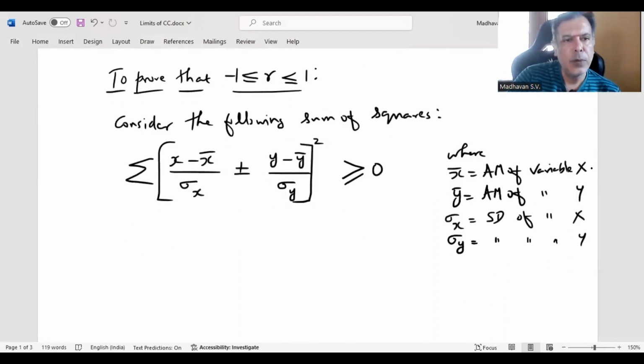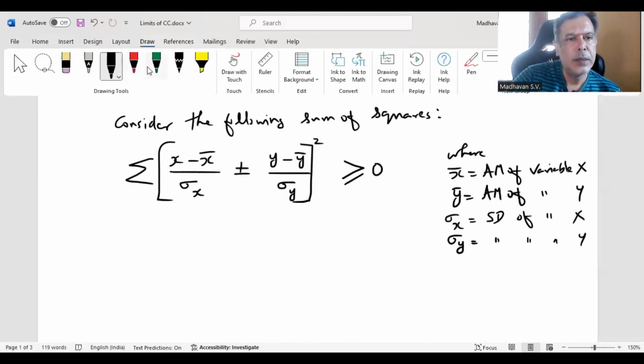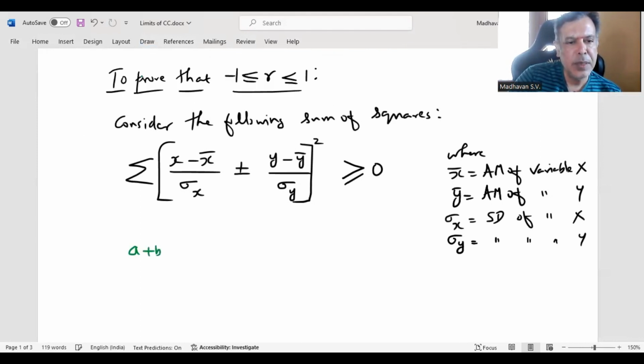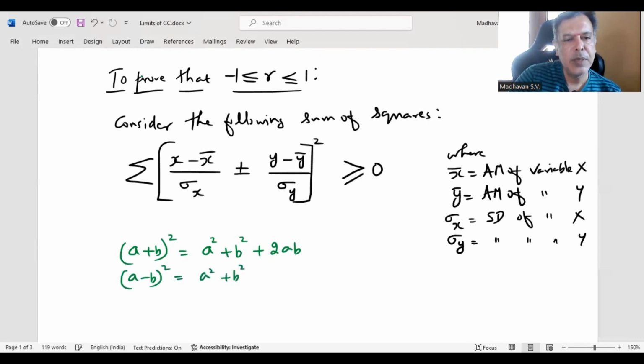Now, we know in algebra, a plus b, the whole square, is a square plus b square plus 2ab. Similarly, a minus b, the whole square, is a square plus b square minus 2ab.